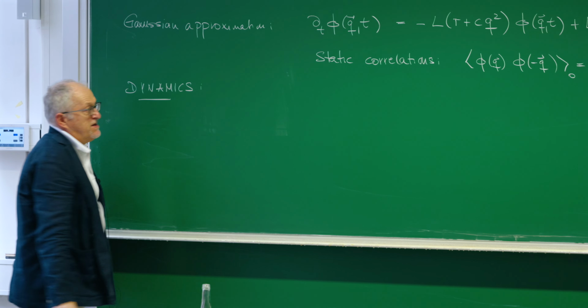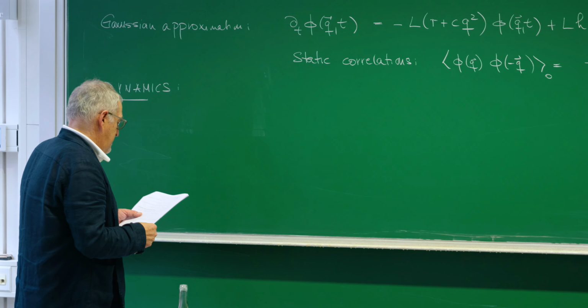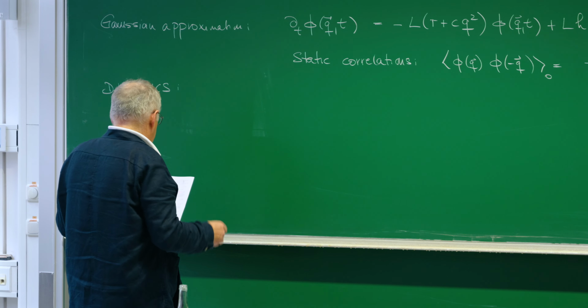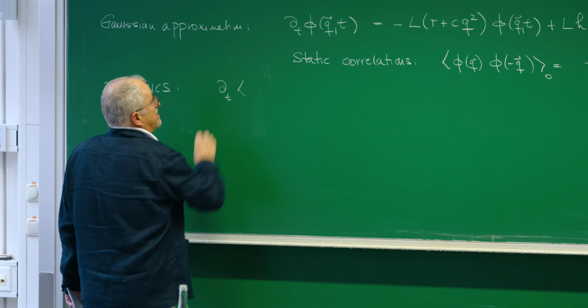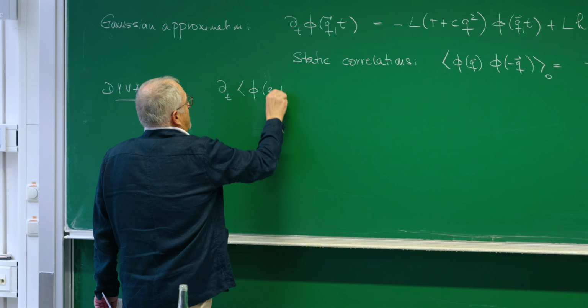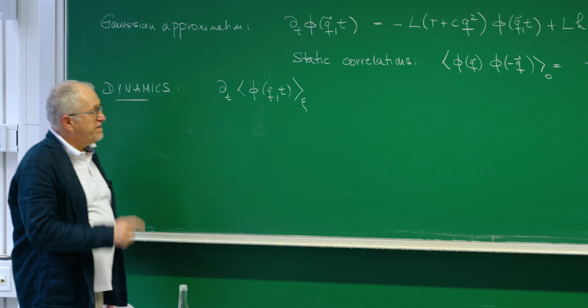And for dynamics, we can look at various types of correlation functions. And to start out with, let's look at the simplest. So let's just look at the equation of motion that we have here and average it over the noise. So that's a noise average then.